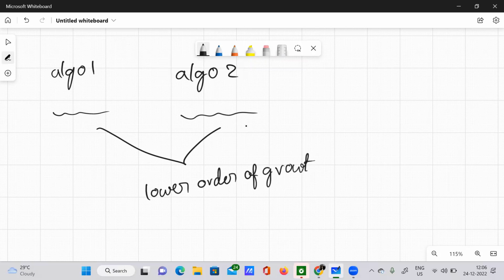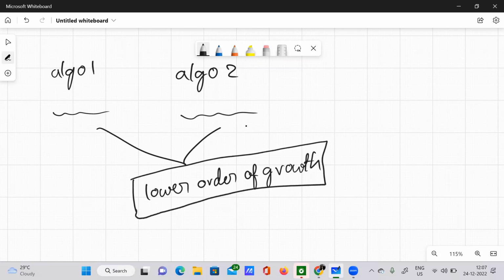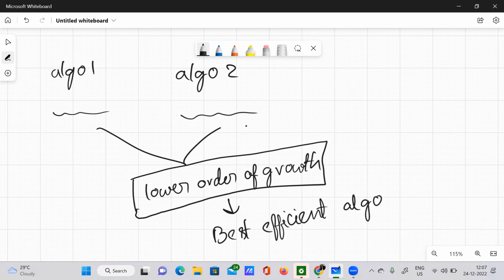That algorithm will be picked as the best efficient algorithm out of the two.